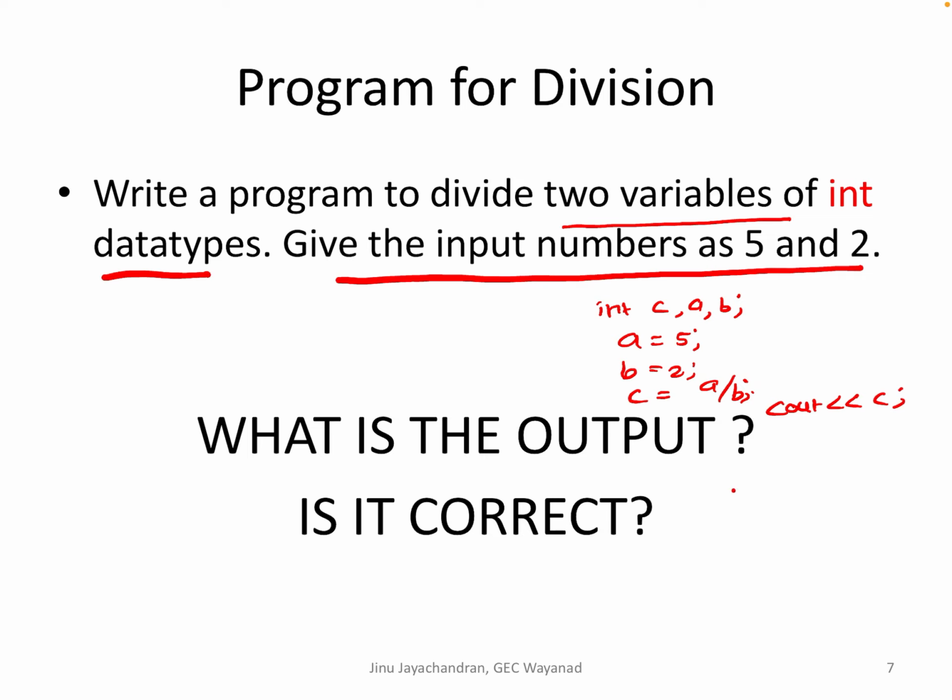You can see that you get the output as 2, because 5 by 2 is equal to 2.5, but C is an integer which can hold only values without decimal places. So it will truncate this decimal point and assign only the value 2. So C is equal to 2.